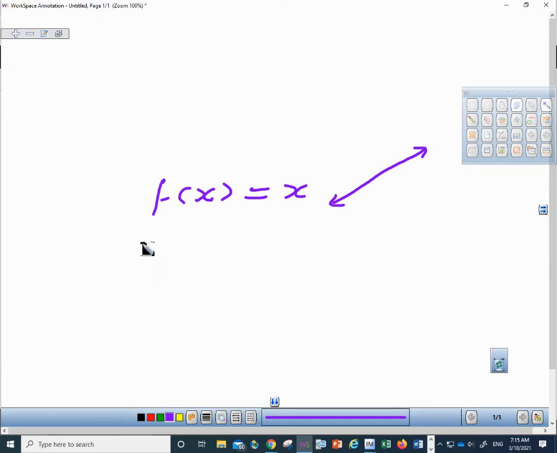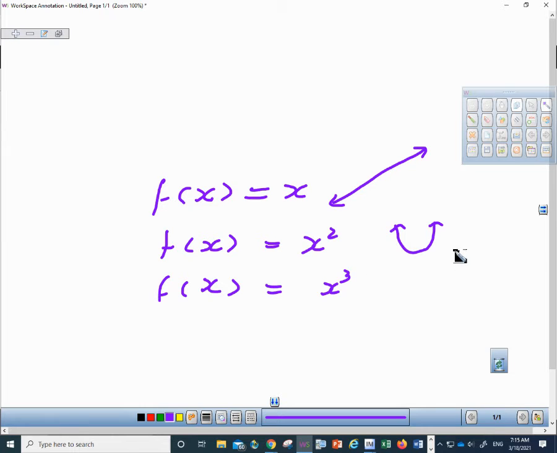And if you had f of x equals x squared, then we know this is a parabola. Sometimes this one opens upward, but we also have, if we had f of x equals x to the third power, we'll get something like this. And it's not hard to use Desmos and verify that those are the actual ways that the graphs behave when it is x squared and x to the third power.